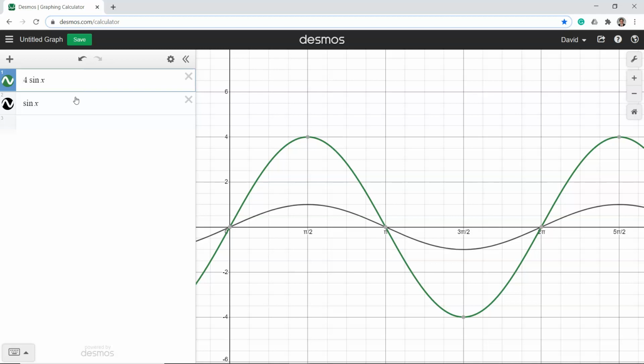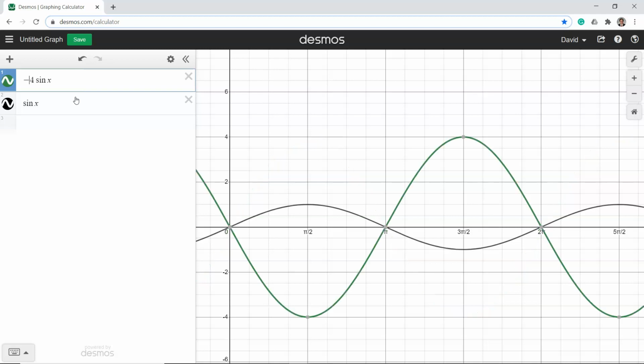However, if we multiply it by a negative number, then we change not only how high and how low it goes compared to the x-axis, we also change the direction in which it starts. So the cosine function starts going up when it's positive, but when you multiply it by a negative, it goes down first. So you change that. Okay, and that is the basics of this.